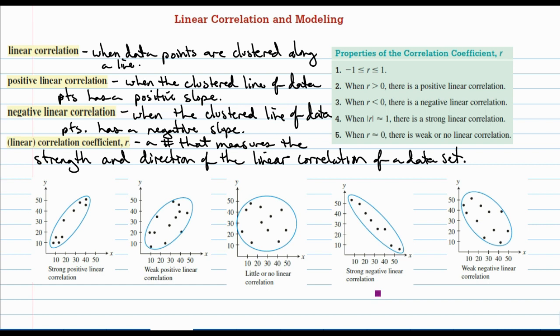So this would have very close to -1. This might have -0.5. This would have 0. This would be maybe positive 0.6, something like that, and this would be very close to +1.